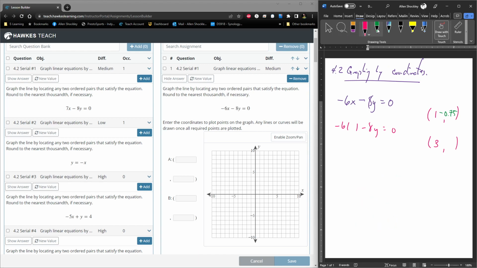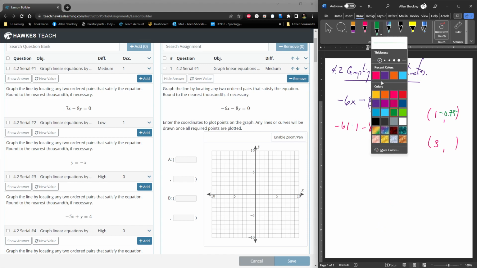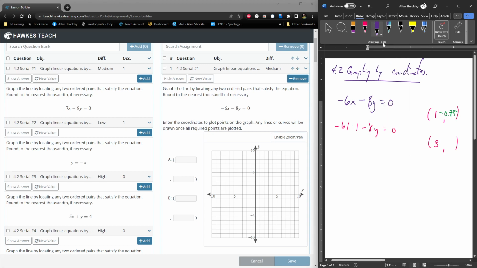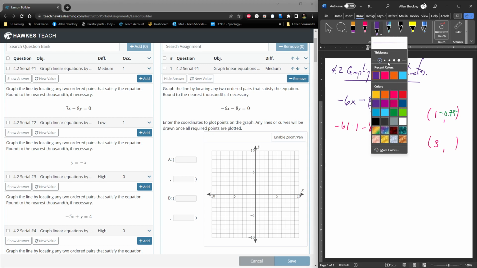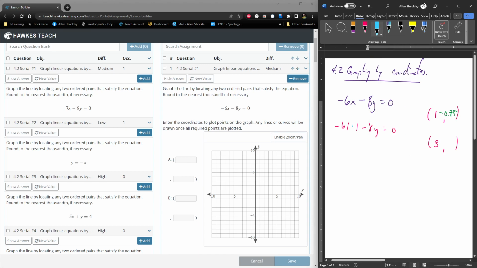We're going to use the same idea, except this time, let's not use purple. We'll use blue. 3. So -6 times 3 is -18 minus 8y equals 0.